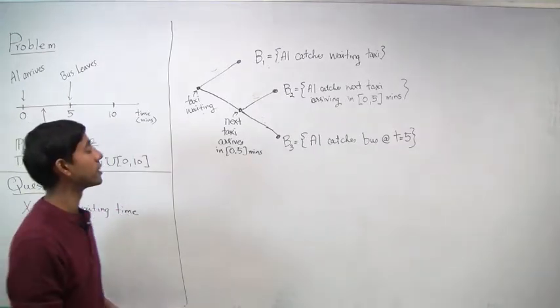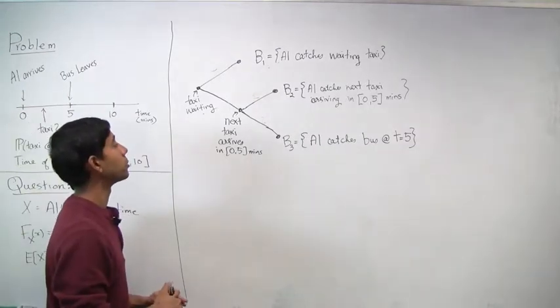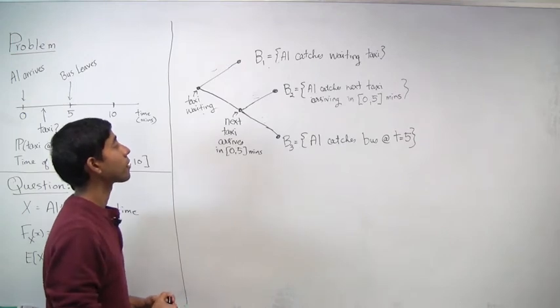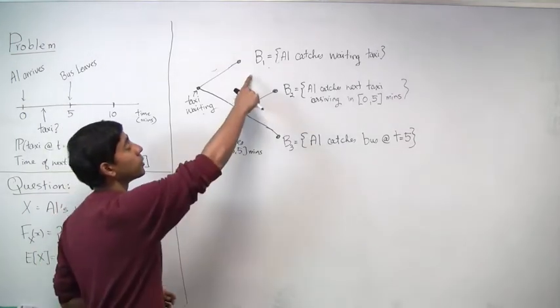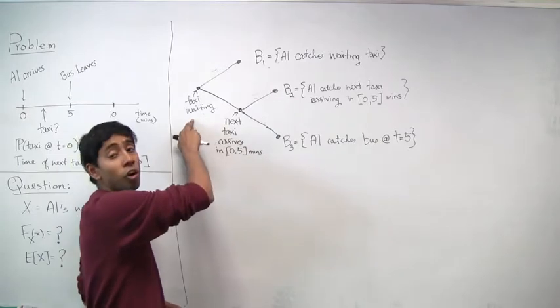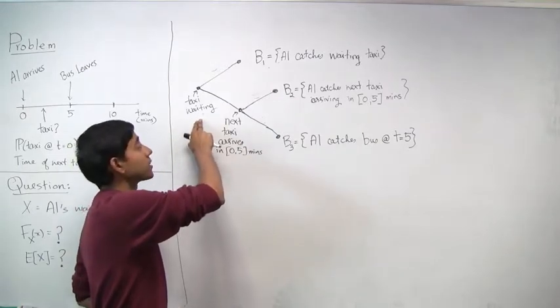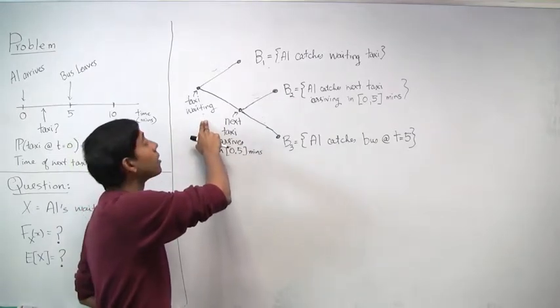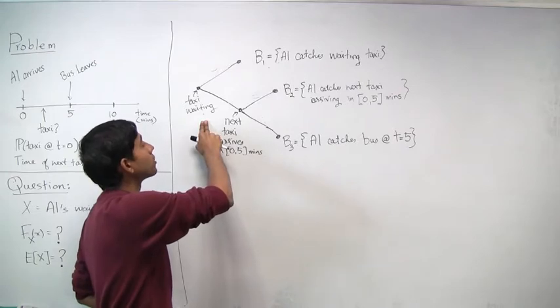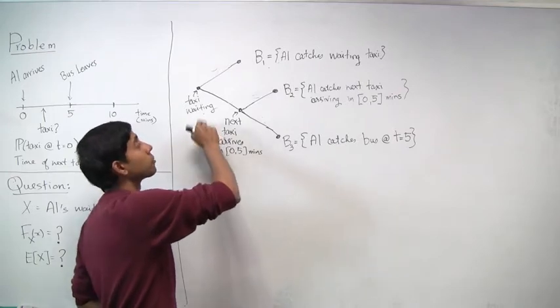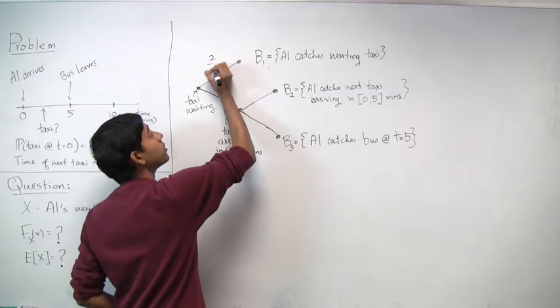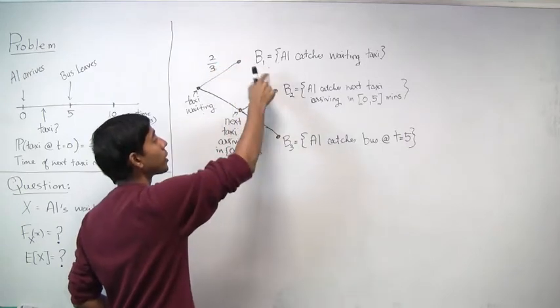So let's look at the relevant probabilities. Whether or not B1 happens depends on whether or not a taxi is waiting for Al. If the taxi is waiting for him, which happens with 2/3 probability, B1 happens.